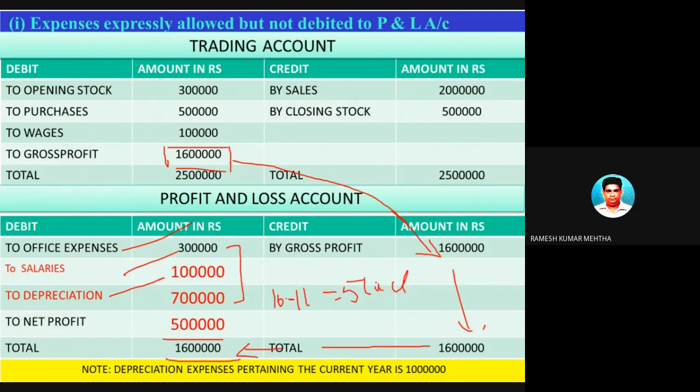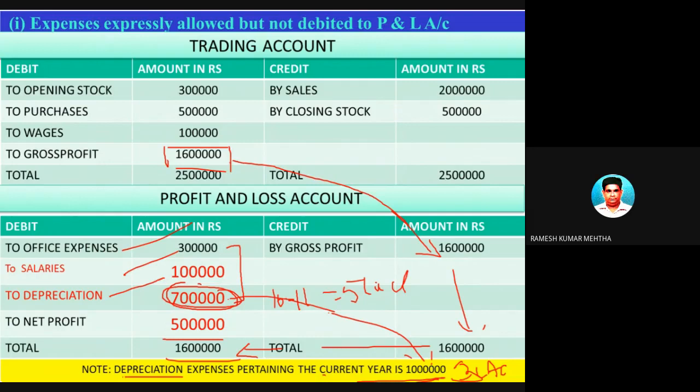But look at the note or additional information. Depreciation which is allowed for the current year is 10 lakh rupees. But in this case, the depreciation shown is 7 lakh rupees. So you have not recognized depreciation of 3 lakh rupees as an expenditure.